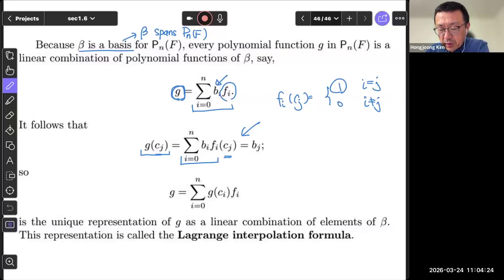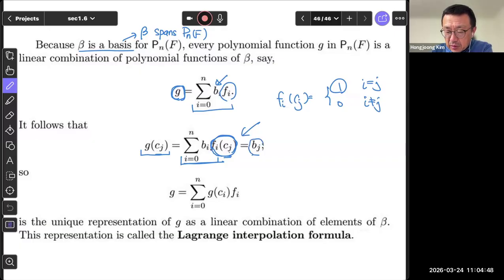So this is the summation of n plus 1 values, right? And when i and j are equal, that f sub i of c sub j will be 1, and at that point, the coefficient will be b sub j. All the other terms will be 0. So we get this equality.